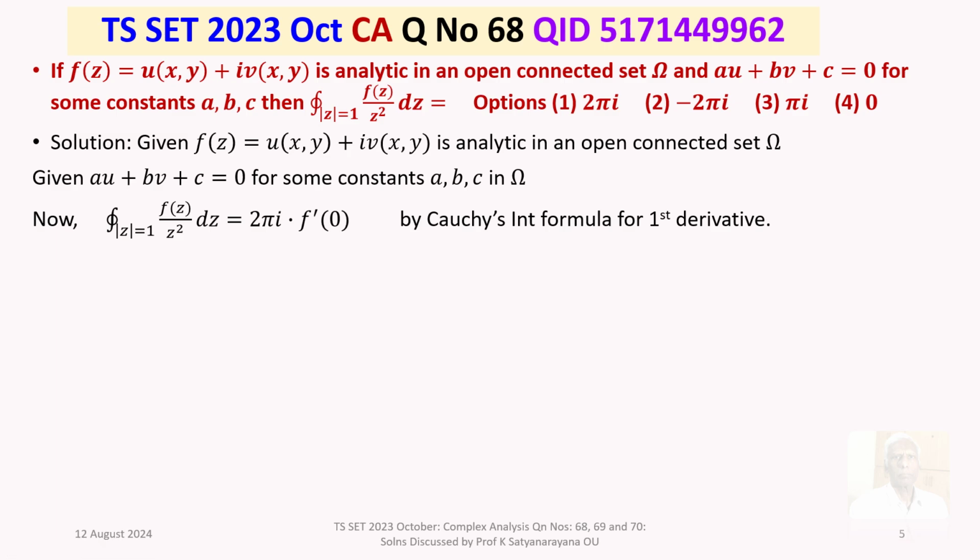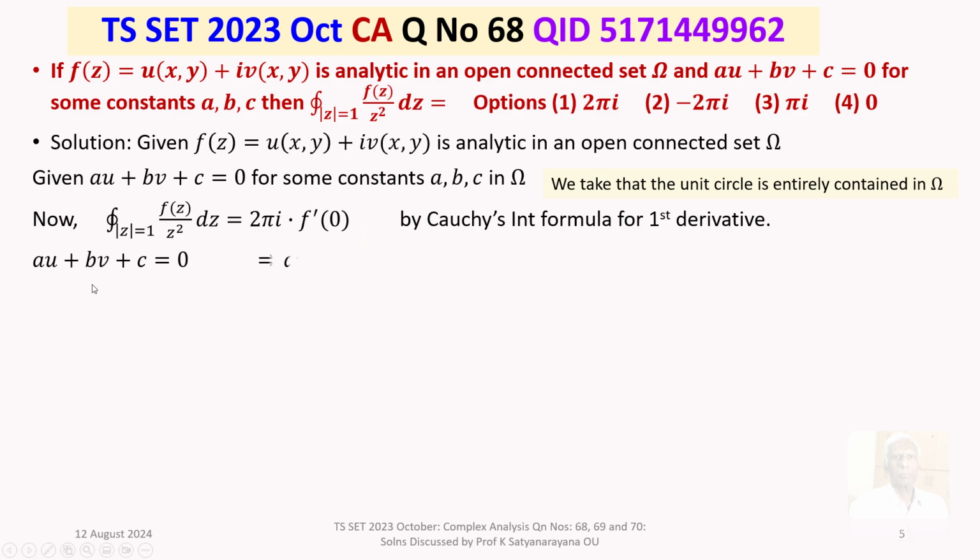And we take that the unit circle is entirely contained in omega. This condition should have been given in the hypothesis of this paper, but it has not been given, but we have taken it like that. Now the question is, what is f'(0)?